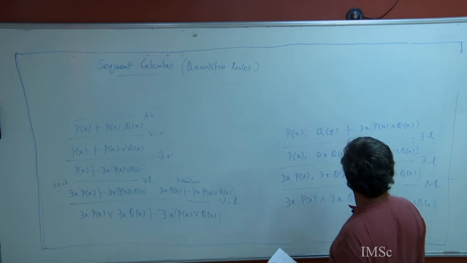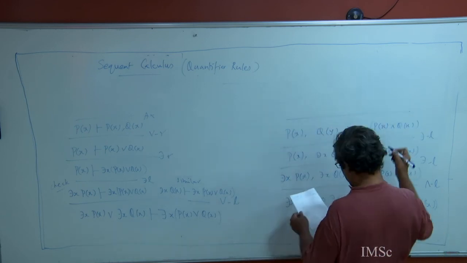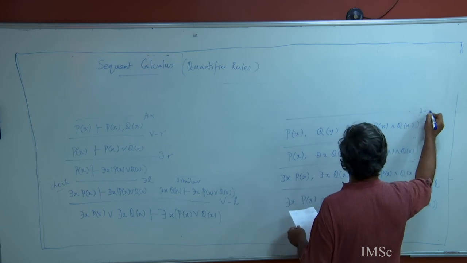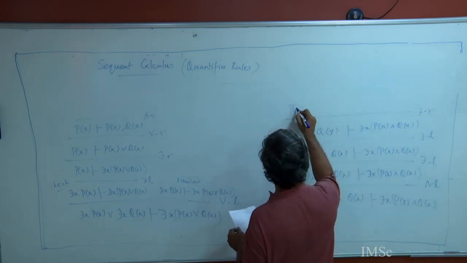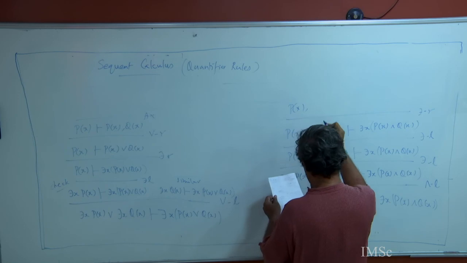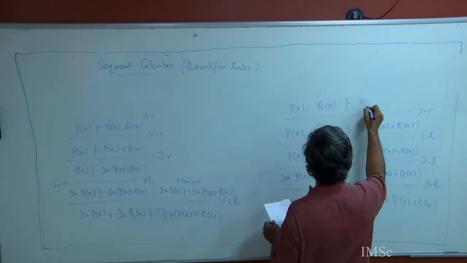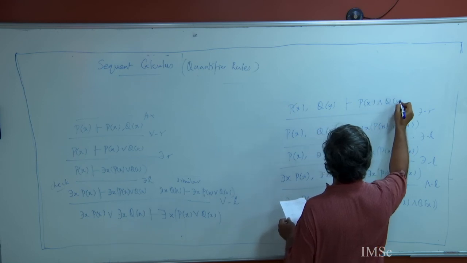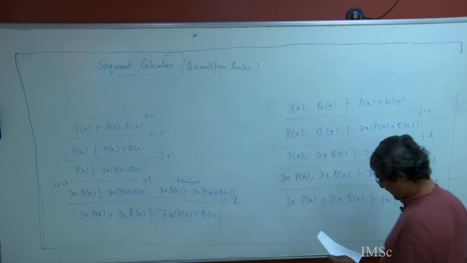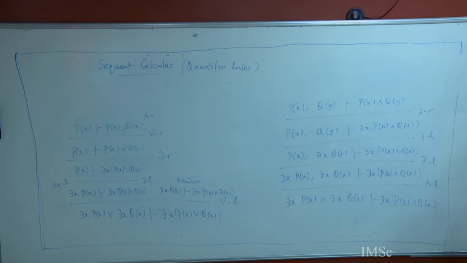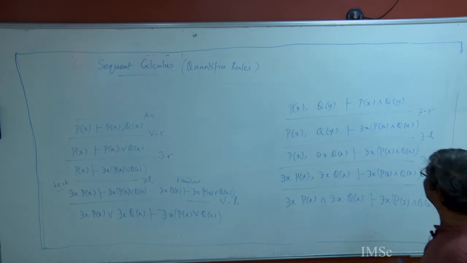Because if I do there exists, I will get Px Qy, and you won't get a single, and you are stuck, right?